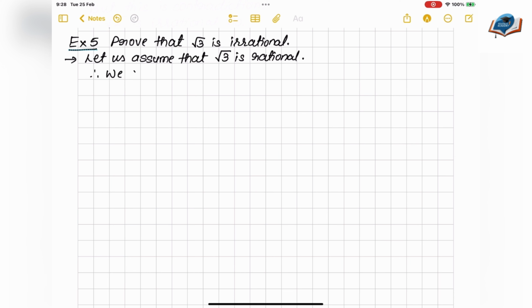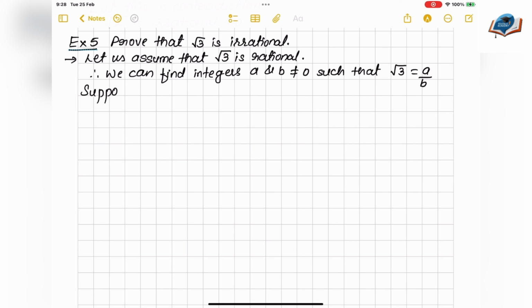Therefore, we can find integers a and b not equal to 0 such that root 3 will be equal to a upon b.